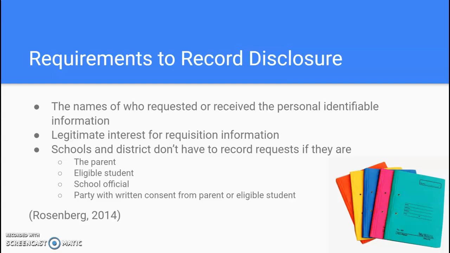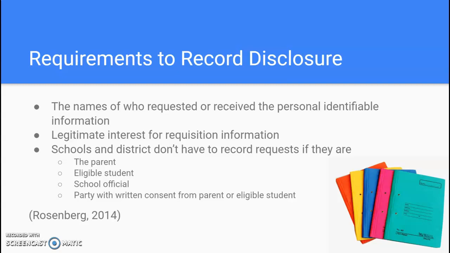In order to disclose any information from education records, you must first know who is requesting to receive the personally identifiable information. It is your legal responsibility as schools and teachers to write down these people's or agencies' names.